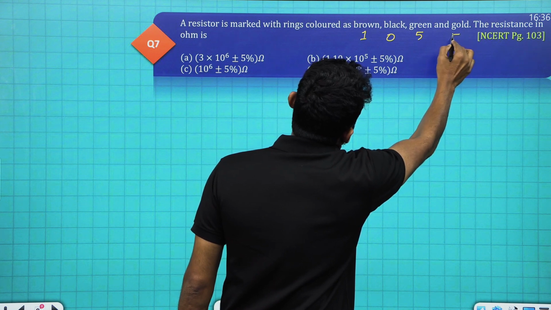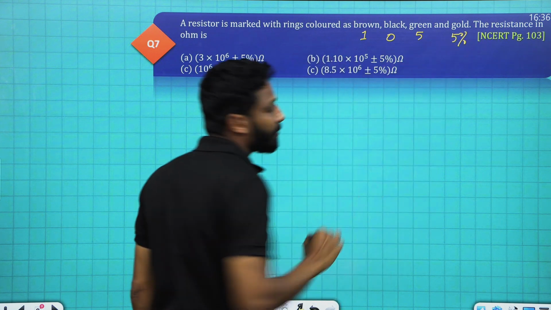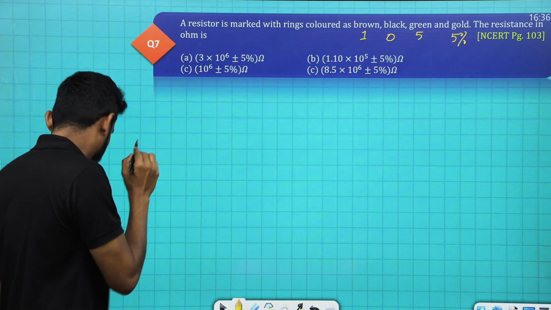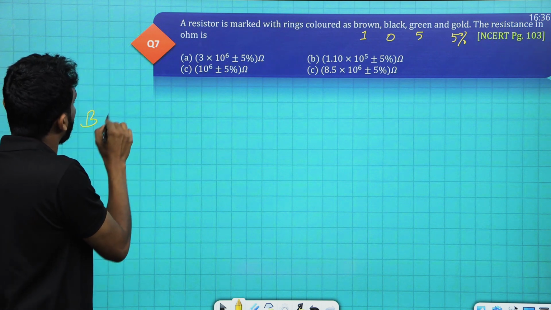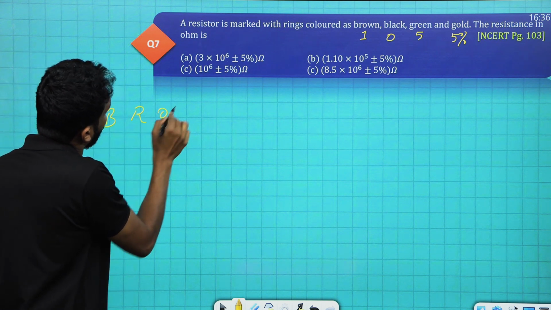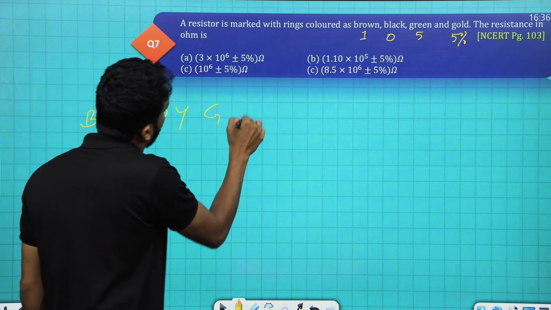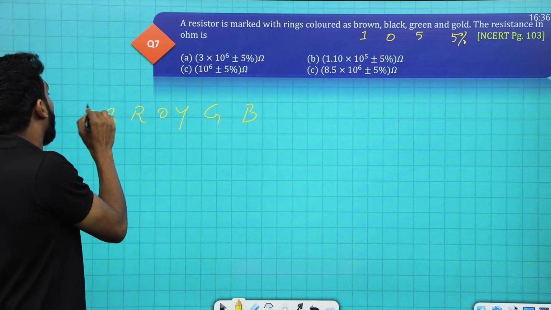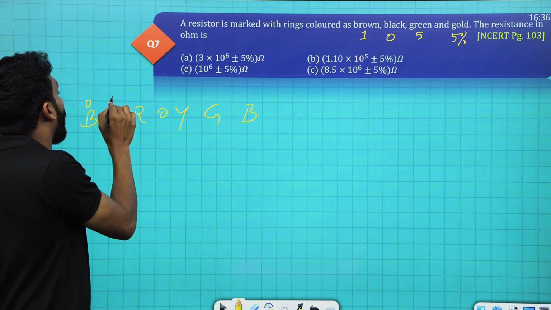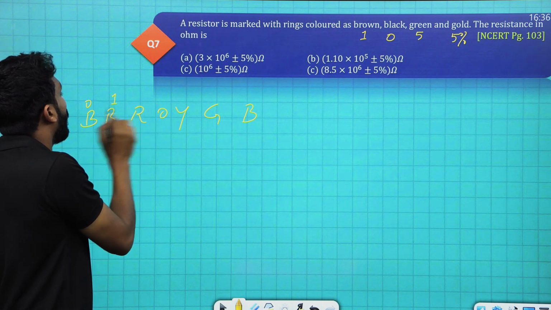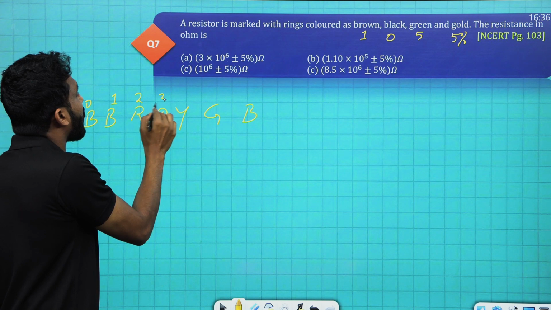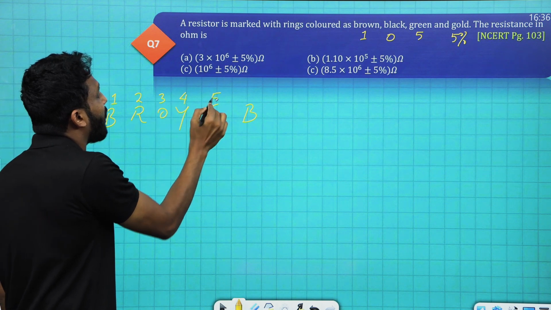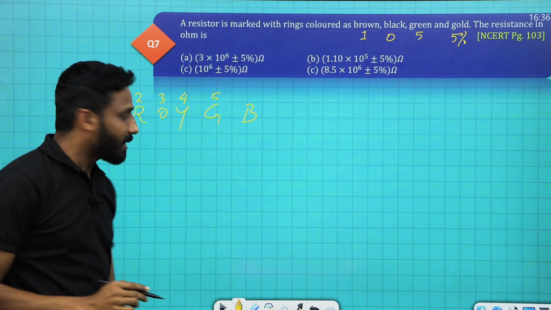Gold is the tolerance, indicating 5%. We have studied the shortcut: B B ROY of Great Britain has a Very Good Wife. Black 0, brown 1, red 2, orange 3, yellow 4, green 5. Green is there, right?